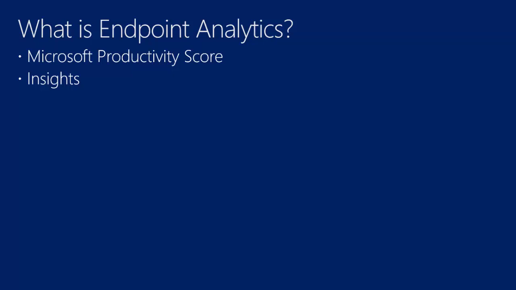One is metrics, and these metrics are really to help you see where you are on your digital transformation journey. We provide insights about the data that you have, and the goal of that is to help you identify opportunities to improve productivity and satisfaction in your org, and then also recommended actions that you can take toward that end. That's what the Microsoft Productivity Score is.